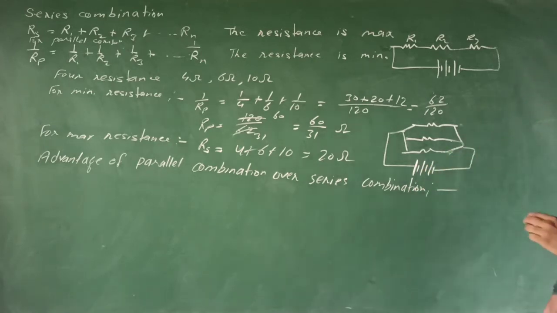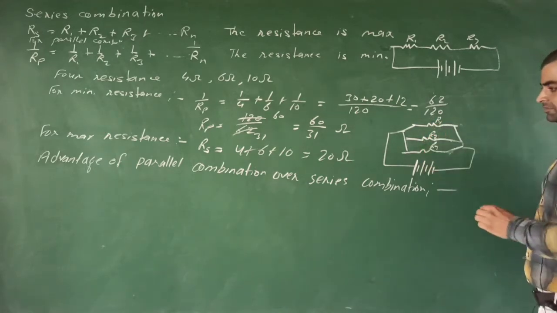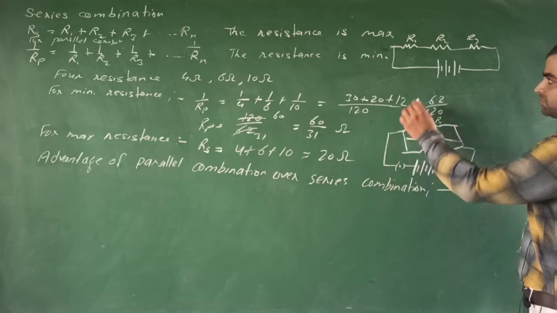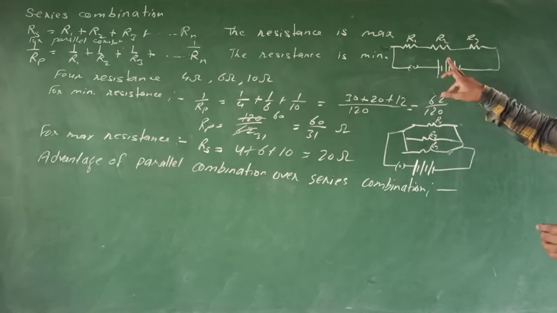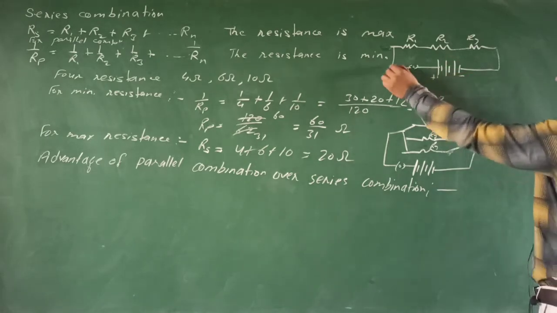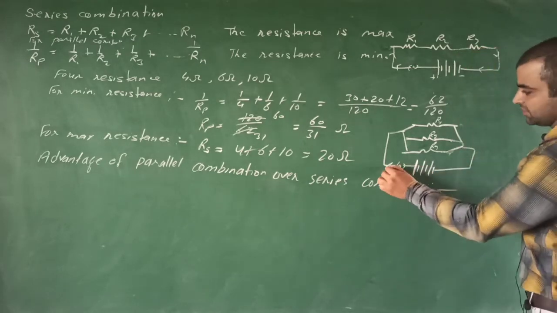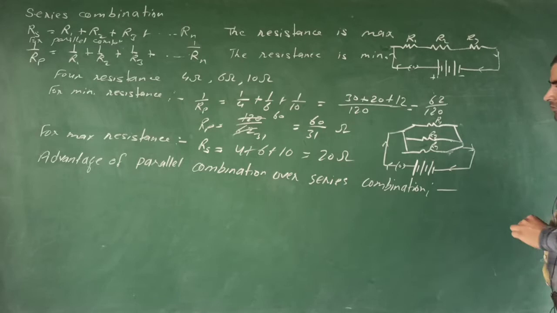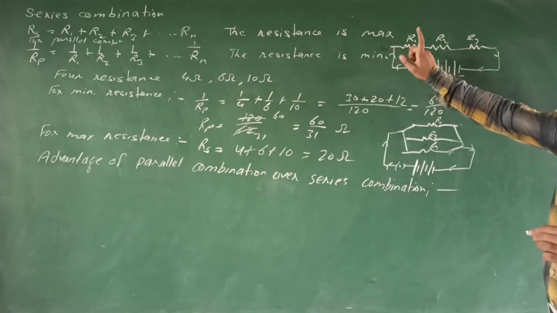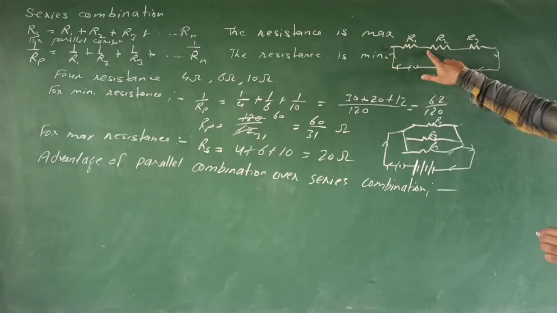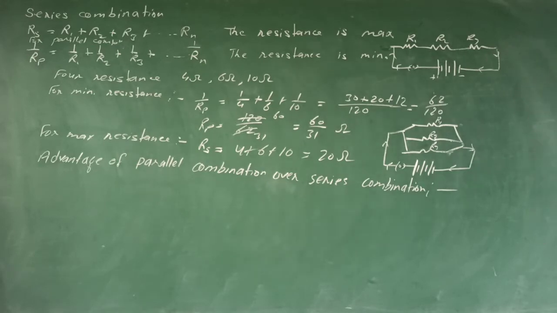You can see here, this is R1, R2, R3. Here I am showing the key. Current will flow from the positive to the negative terminal, from here to here. This is the direction of current. Check here, if the current flows from here, then the same current will pass through R1, the same current will pass through R2, the same current will pass through R3.